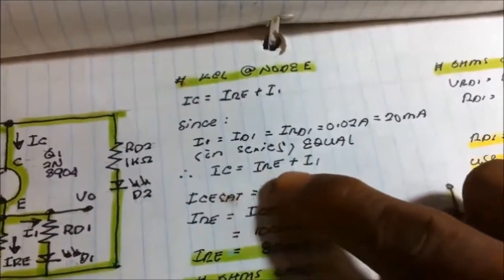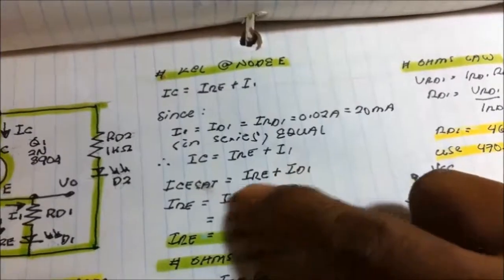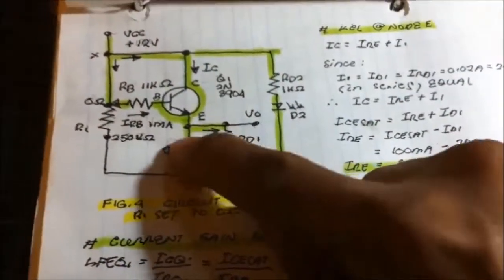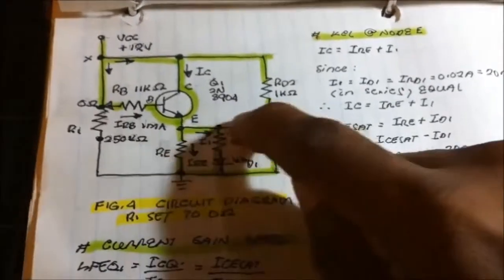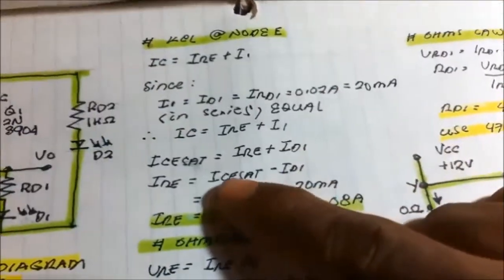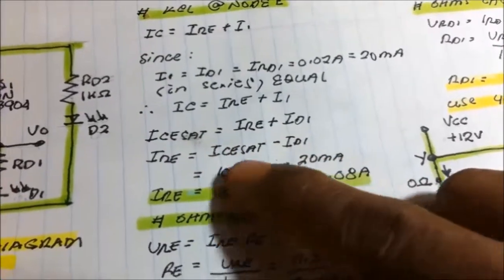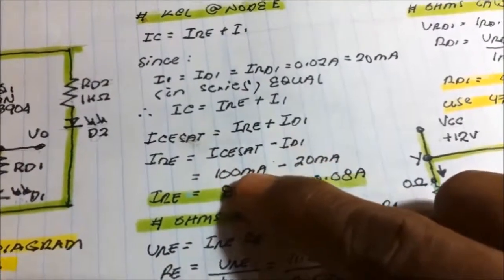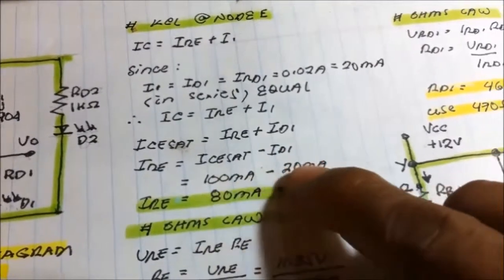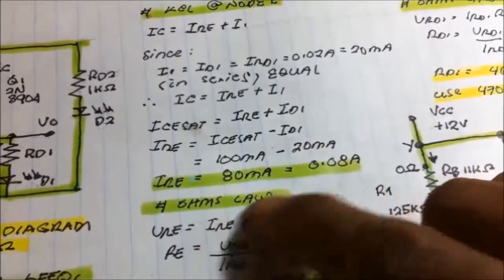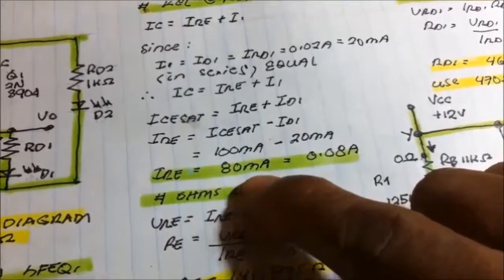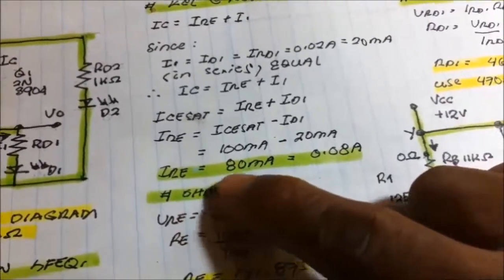Therefore now IC is IRE plus I1. There's a current division here at the emitter side, RE and into the load. IC SAT. We know the value of the supply current and the load current. We got now the value of the current through the emitter resistor of 80 milliamperes.